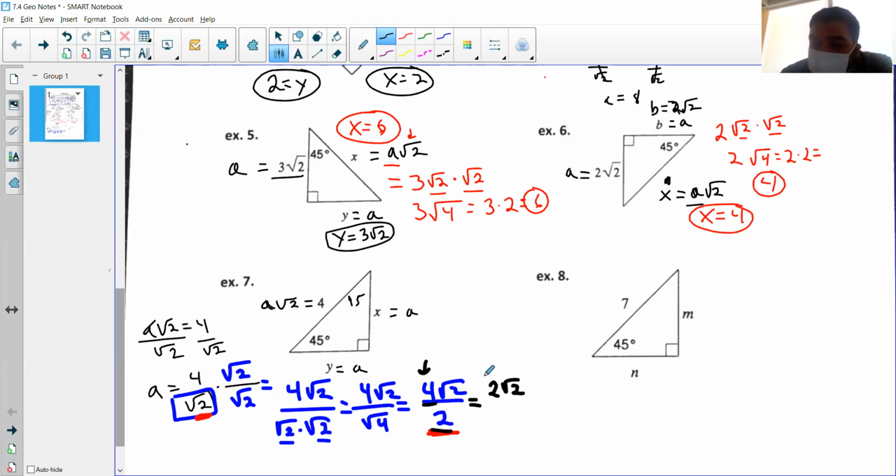The square root numbers stay the same. So I did all of that to figure out what a was, which happens to be 2 root 2. If it was root 3, would it be root 3 over root 3? Yes. So a in this case is 2 root 2. So x equals 2 root 2 and y equals 2 root 2.